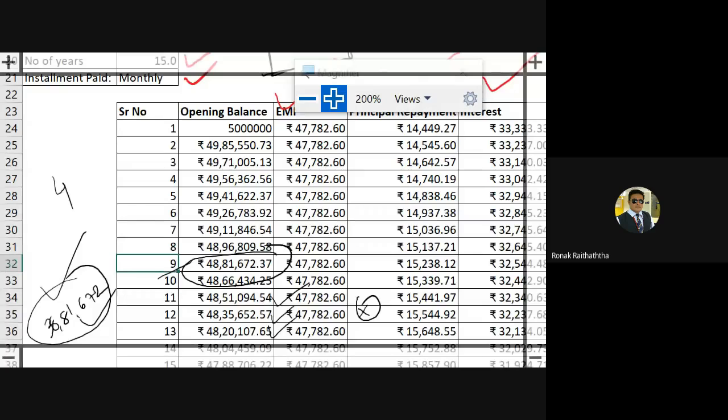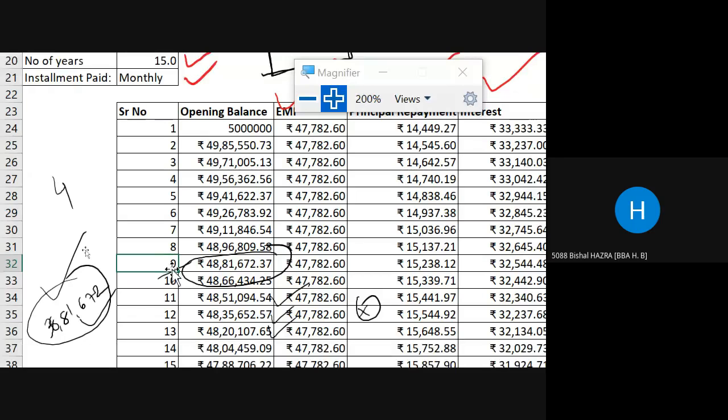Sometimes some of the banks might not allow you to make the advance payment after a certain extent. Is it clear?